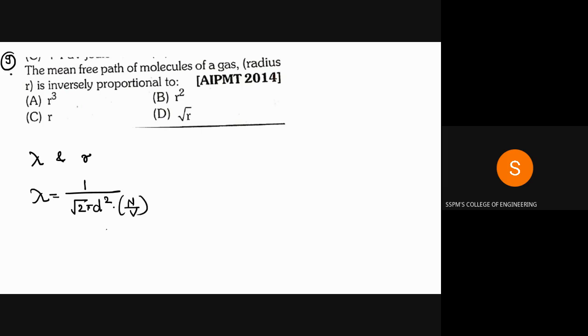Just replace d, so d will be 2r, d square becomes 4r square. Okay, so lambda is proportional to 1 upon r square. So it is inversely proportional to the radius square. So the correct option is B.